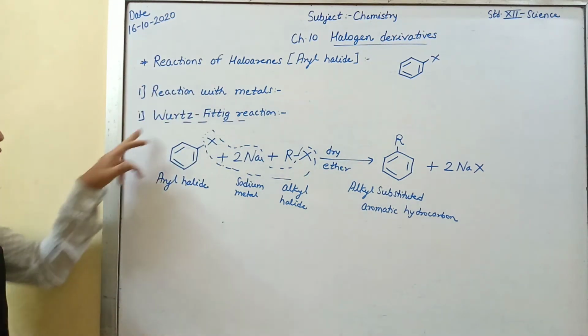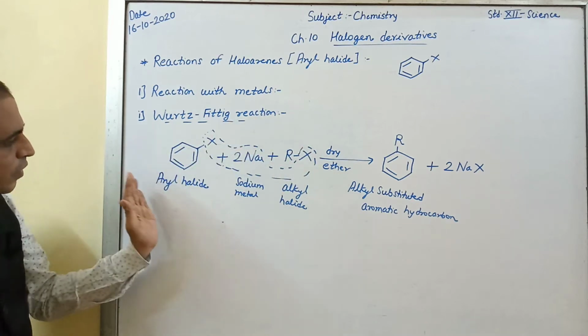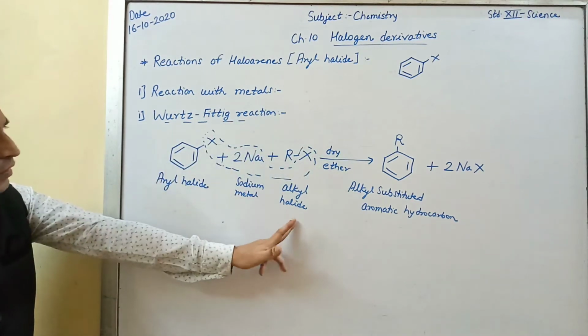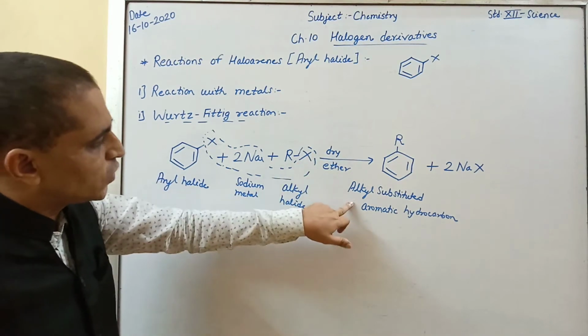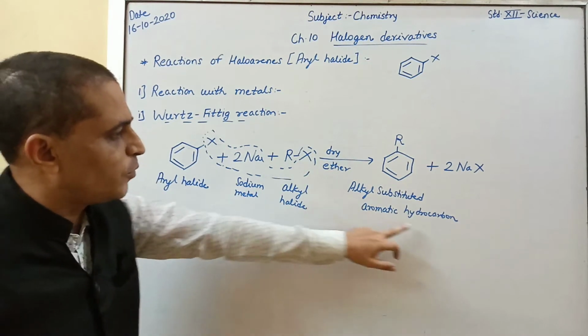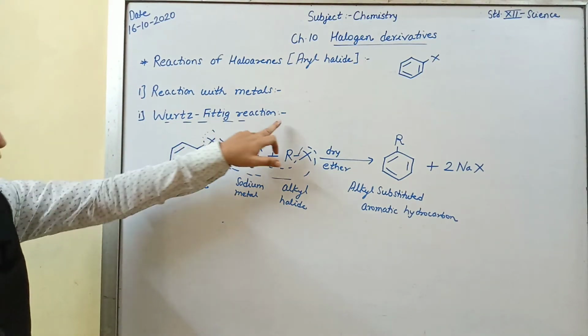So what is the meaning of the Wurtz-Fittig reaction? The reaction of aryl halide with alkyl halide and sodium metal in presence of dry ether to give alkyl substituted aromatic hydrocarbon is called a Wurtz-Fittig reaction.